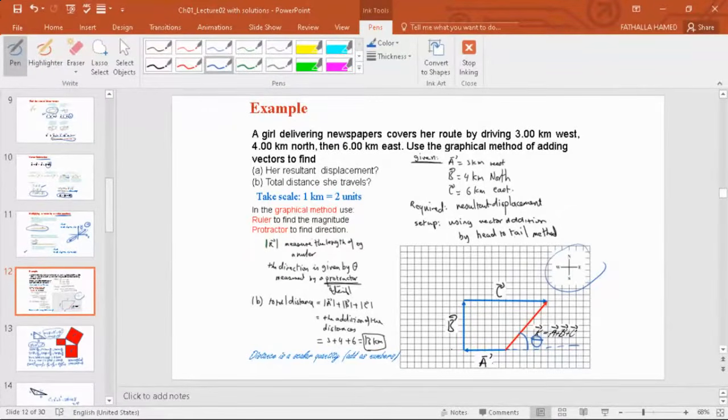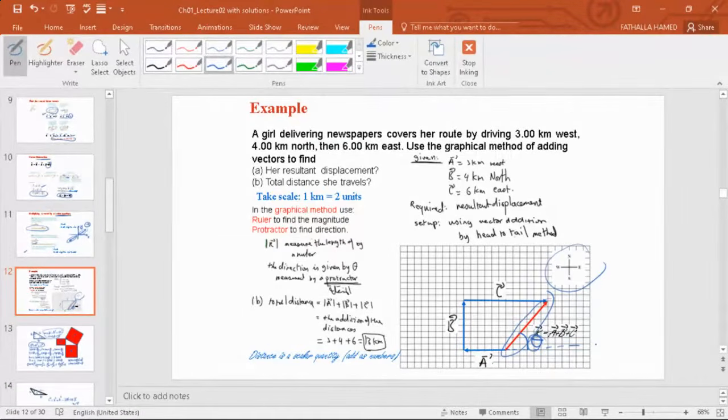So she goes west 3 kilometers. Then 4 kilometers north, which is B here, and then 6 kilometers east. So you're adding tail to head, tail to head. So you're adding these 3 vectors. This will be your resultant vector here. And of course, you can measure the angle that it makes.